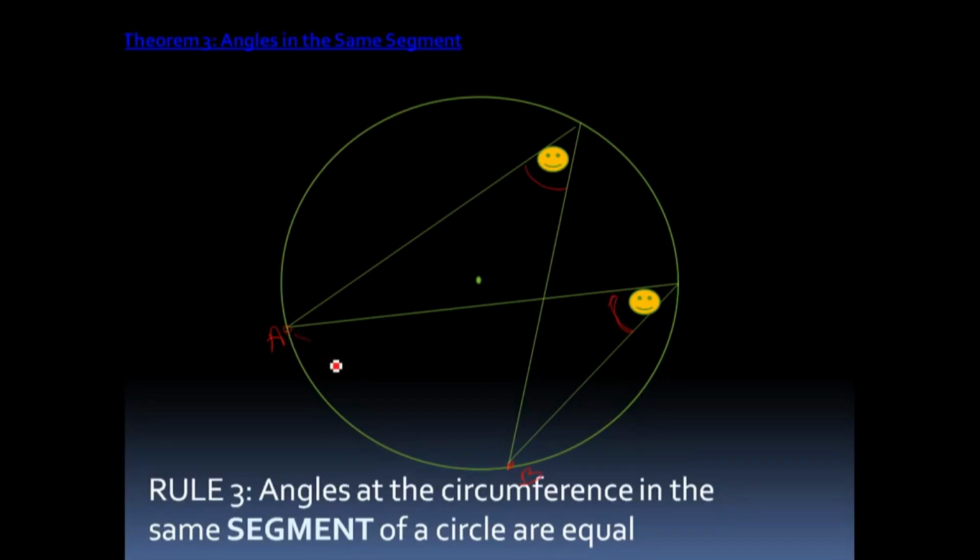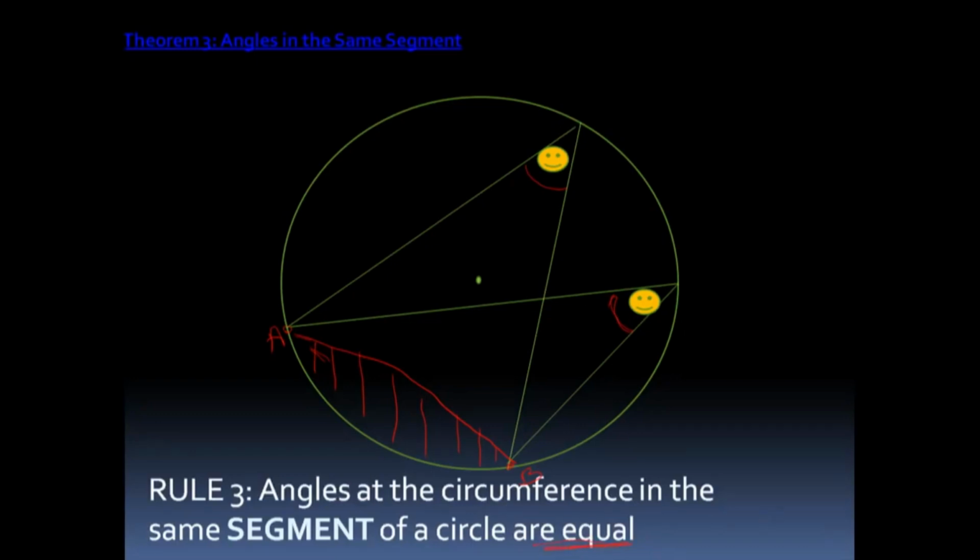Because if you draw a chord here, then this chord separates the circle into two segments. This segment here is the minor segment, and this segment over here is the major segment. So these two angles are in the same segment, and angles in the same segment, according to this theorem, are equal.